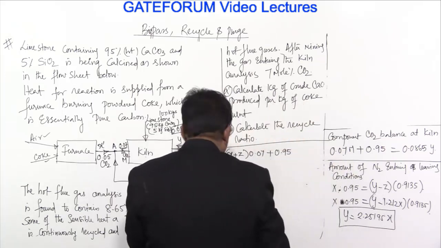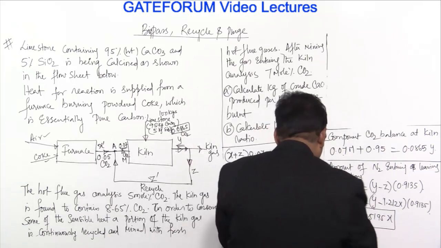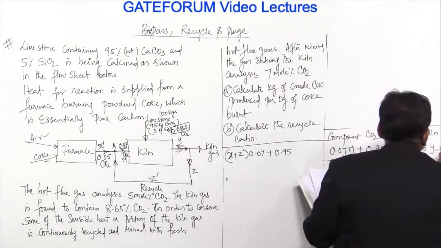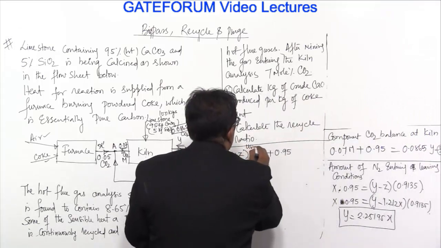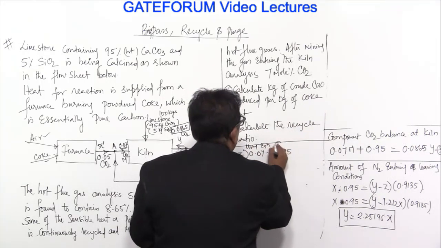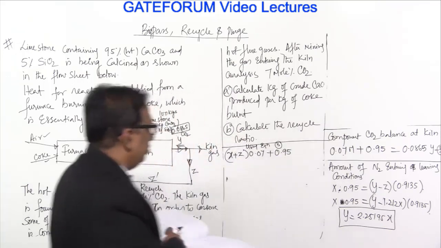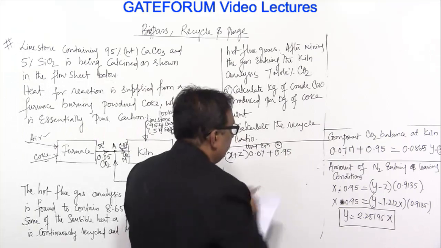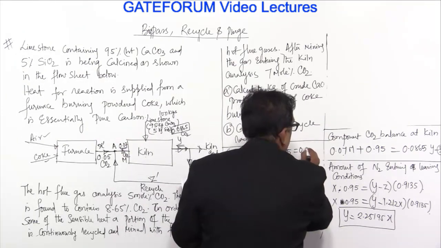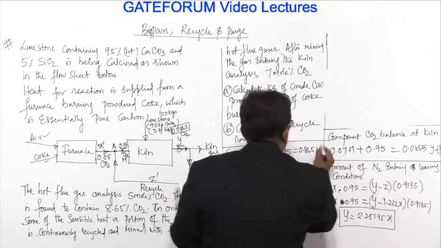Okay, this equation you can number as 3. So write down using equation 3. Using equation 3, M can be written as x plus z into 0.07 plus 0.95 is equal to 0.865y.